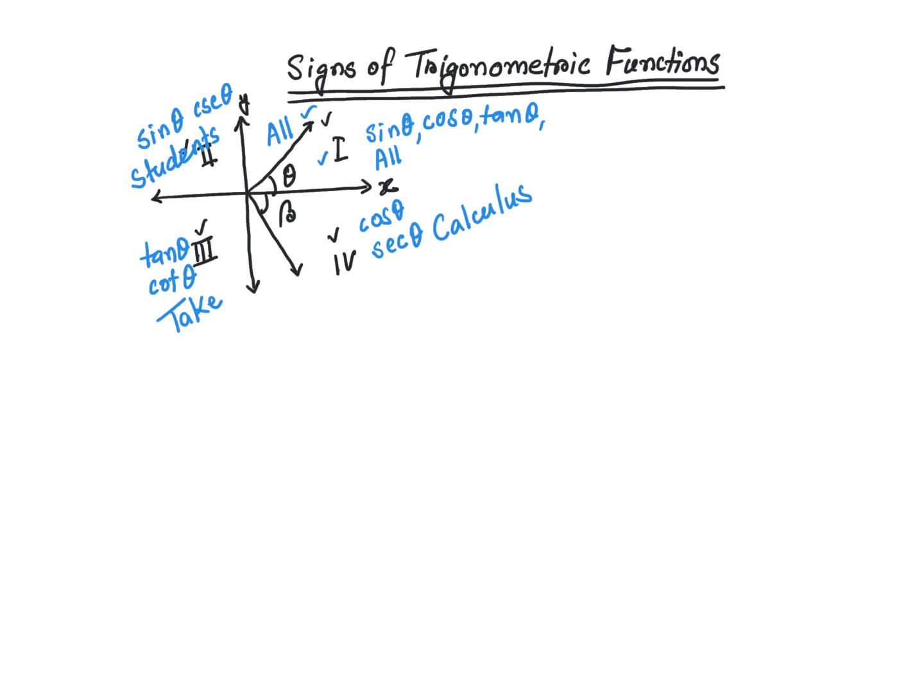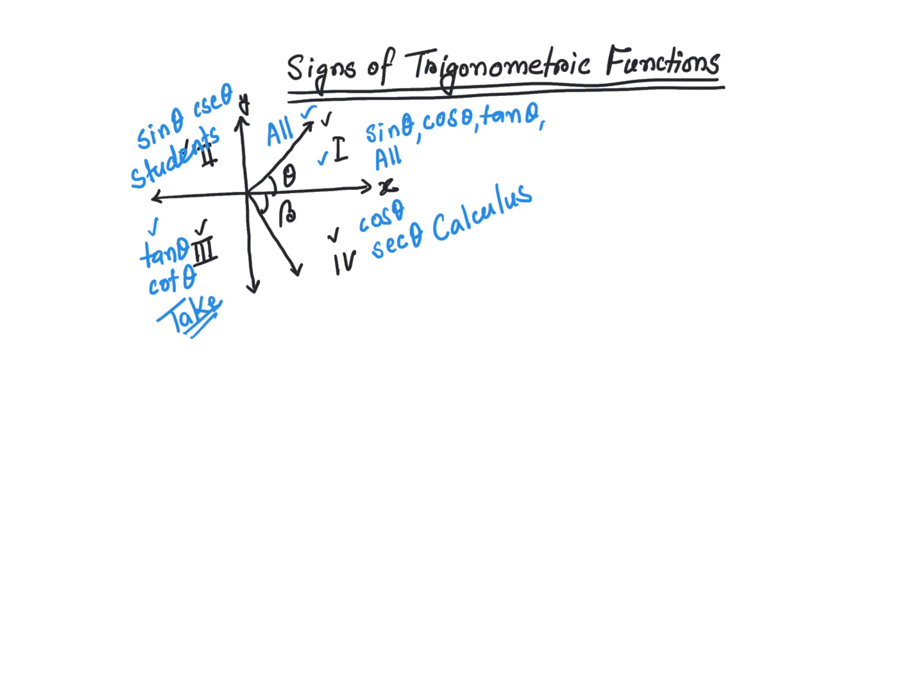In the second quadrant, S for students, easy way to remember. All students take calculus. S for students, S for sine theta, and its reciprocal cosecant theta are going to be positive. Take: the T stands for tangent here. So tangent and its reciprocal cotangent are going to be positive there.